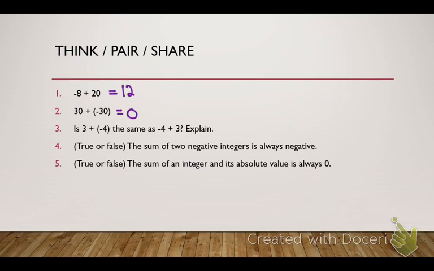I'm gathering maybe it's not. Okay, so here's the name of that property. Commutative property. Yes, this is the commutative. Okay, I'm going to spell out the whole word. Commutative property.